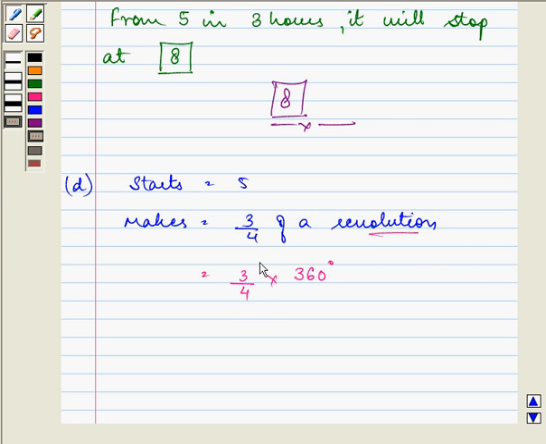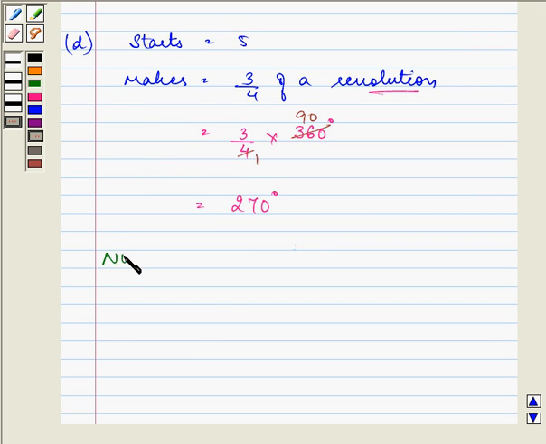Let us simplify it. 3 multiplied by 90 gives us 270 degrees. Now the number of hours will be 270 divided by 30, that is 9 hours.